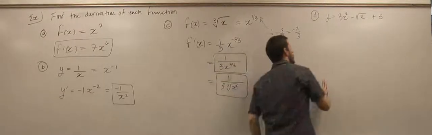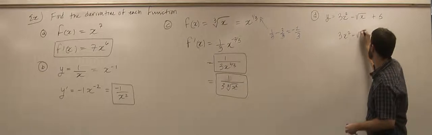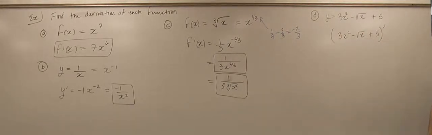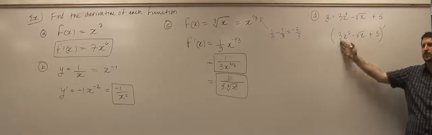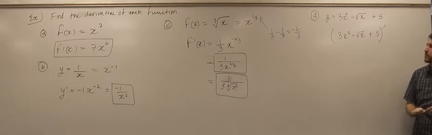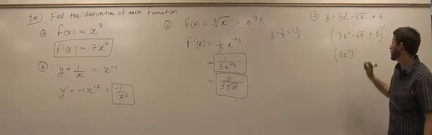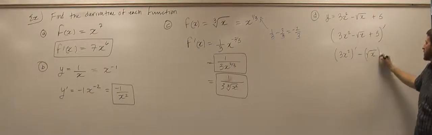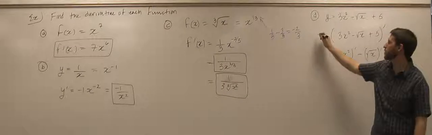The way derivatives work, if you want to do the derivative of this whole thing, y prime, because they're connected by pluses and minuses, you can separate it to each term. So you can just do 3x squared and take the derivative. You can just do minus root x and take the derivative. Plus 5 and take the derivative. This is y prime.